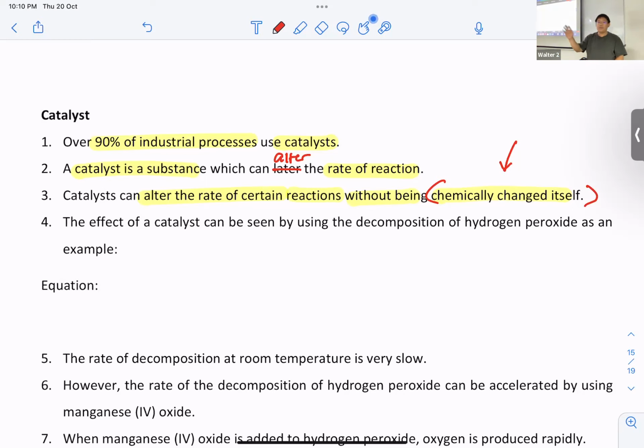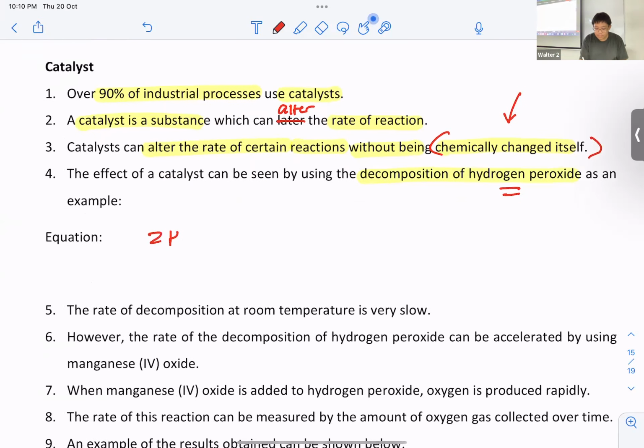Now, the effect of the catalyst can be seen in one simple example. Decomposition of hydrogen peroxide. What is hydrogen peroxide used for?